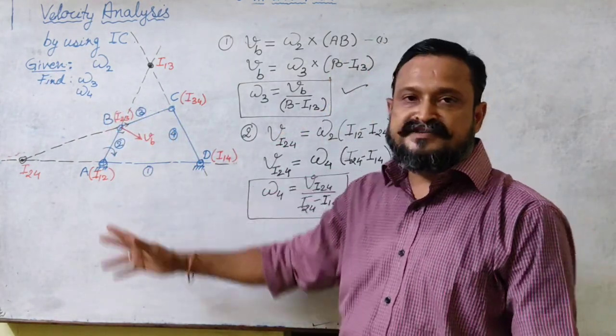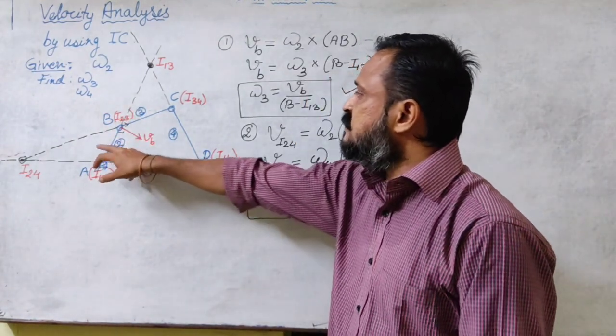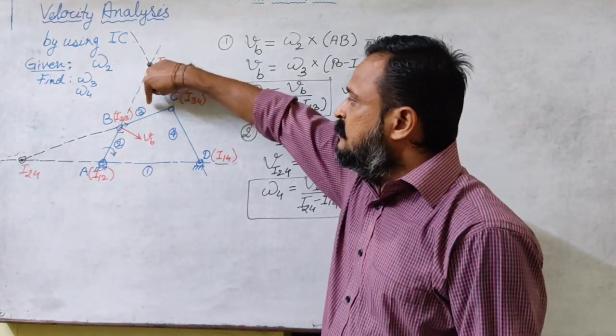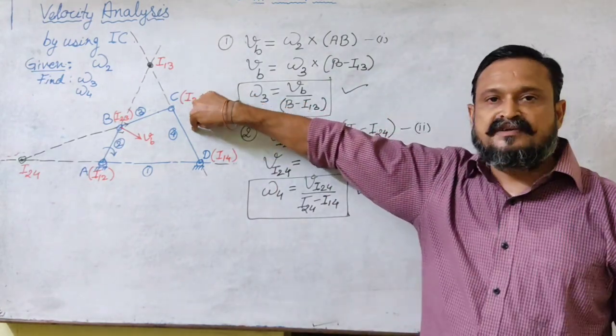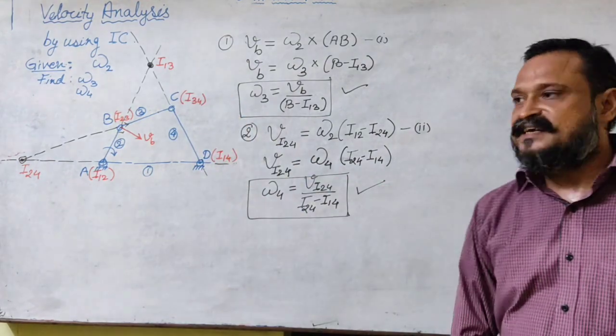Now this is the frame, its absolute velocity is going to be 0. So we have determined the angular velocity of link number 3 as well as link number 4 with the help of the instantaneous center method.